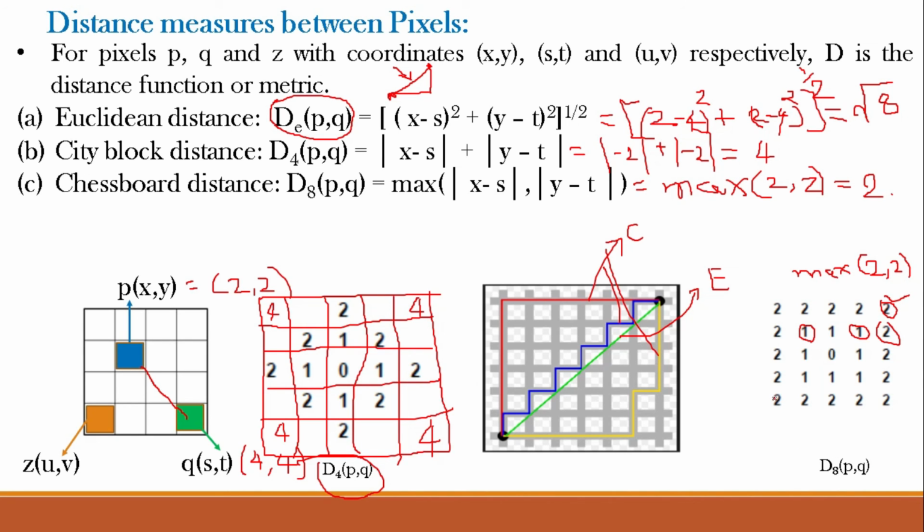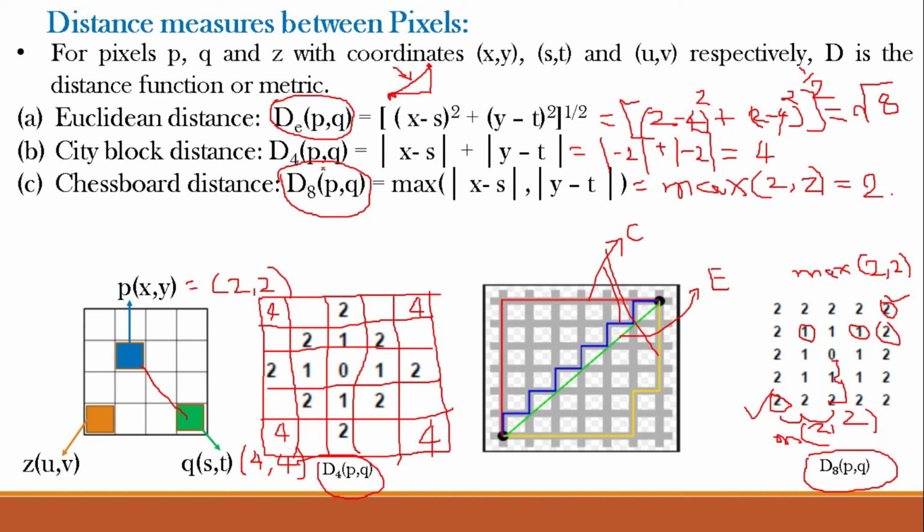Similarly, say you want to find the value of this pixel. The value between these two pixels is 2, and again between this pixel and this pixel the value is 2. So you take the maximum of 2 comma 2, which comes out to be 2. This is how you find D8 of P comma Q, the chessboard distance.